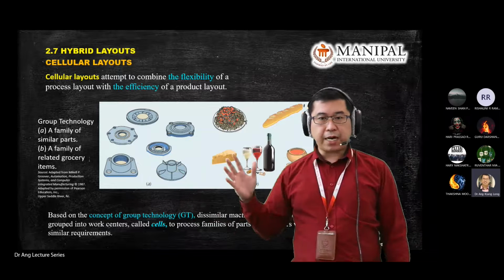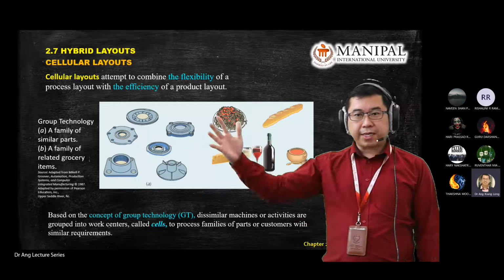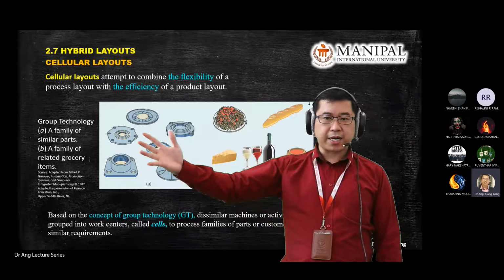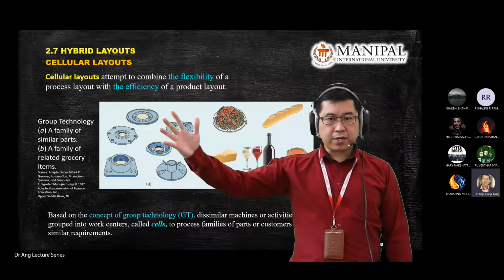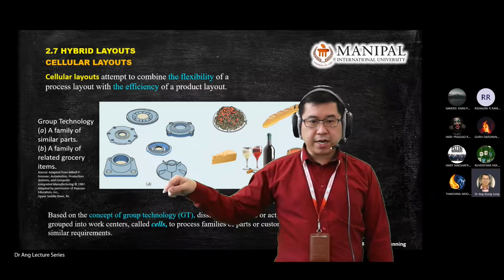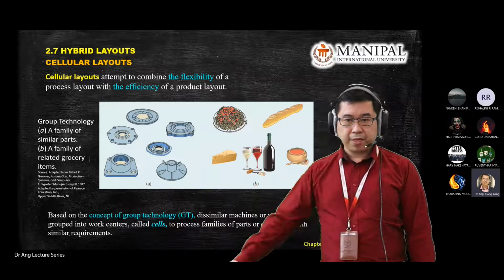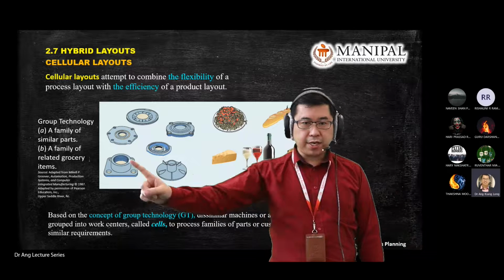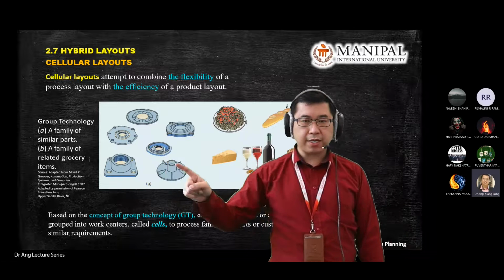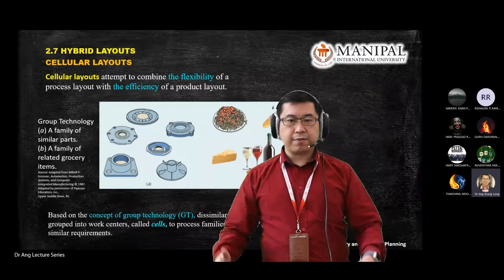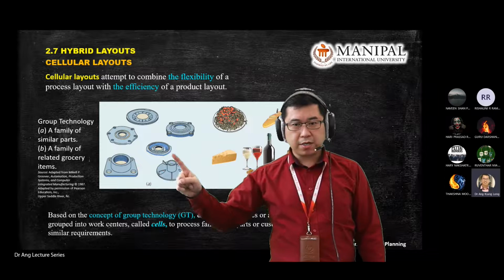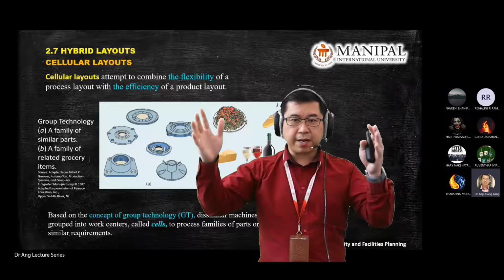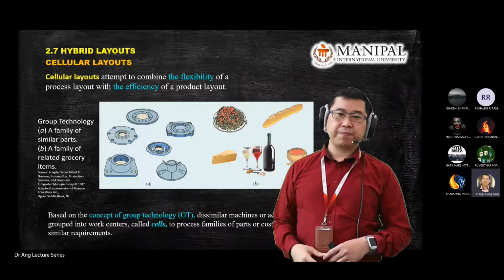For example, how you group your items in their respective functions. In a manufacturing setup under the group technology concept, you group similar parts together in the layout. It means all the processes that produce a similar shape you put in that workstation.